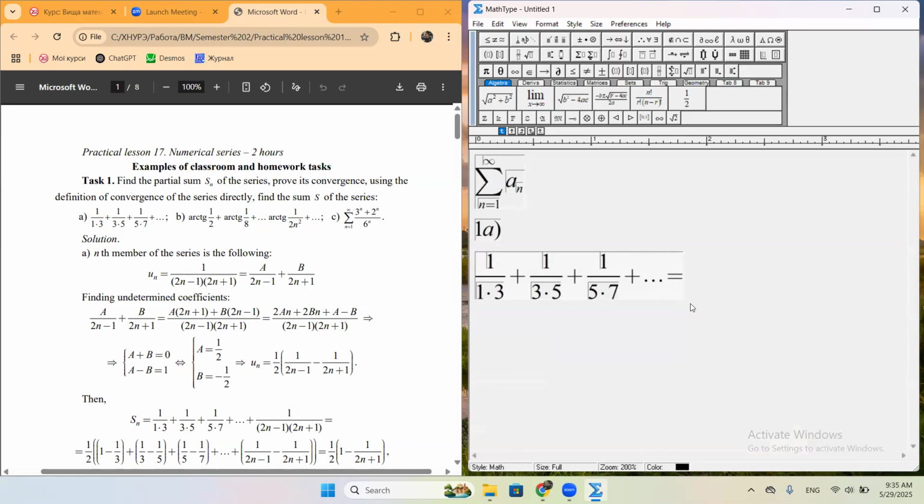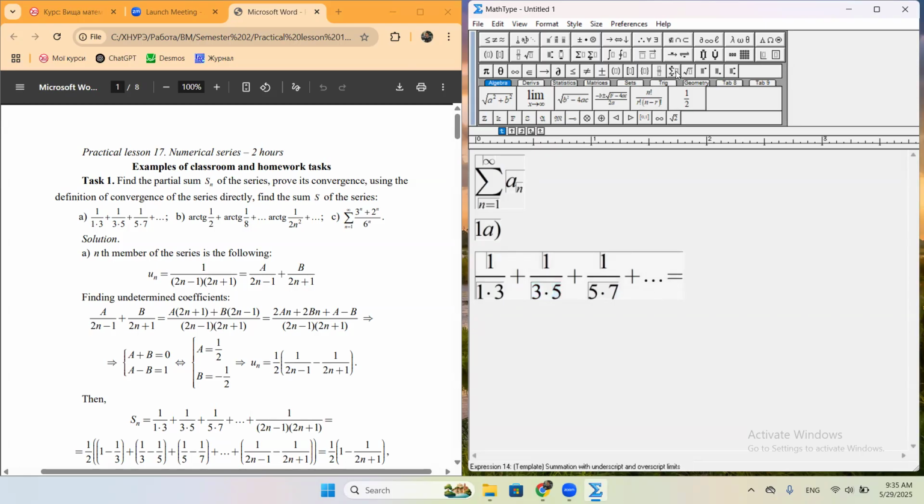And yeah, so how to write it down? How to find the nth term? Actually, let's just look at the denominators. We have odd numbers, and the first multiplier is less than the second by 2.